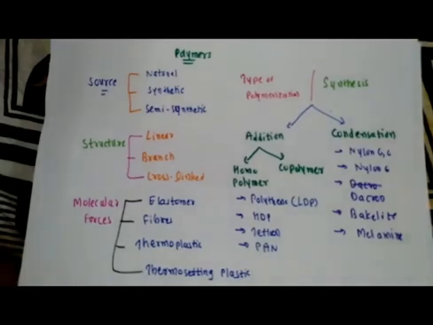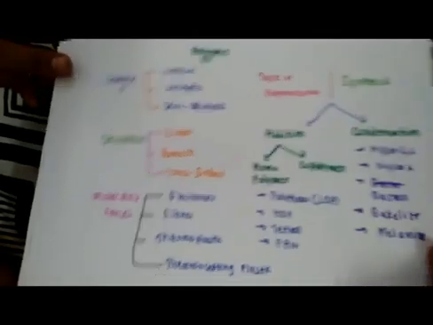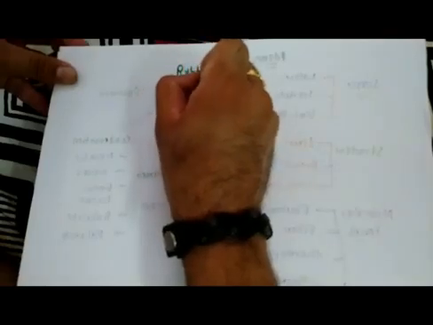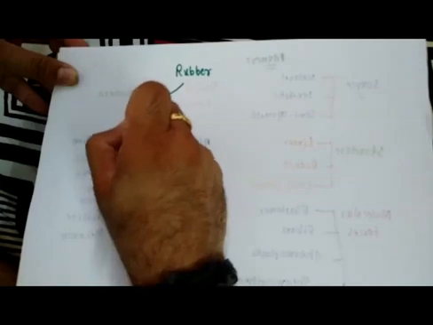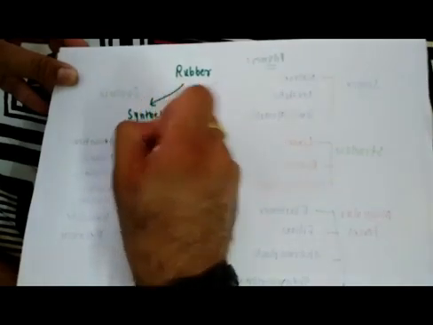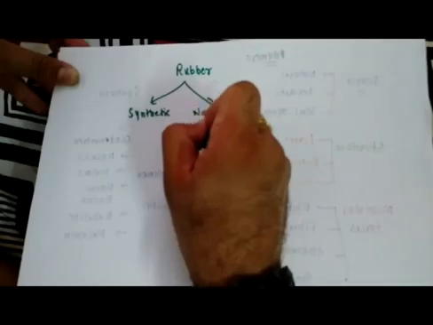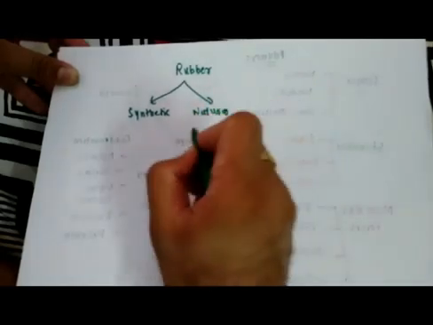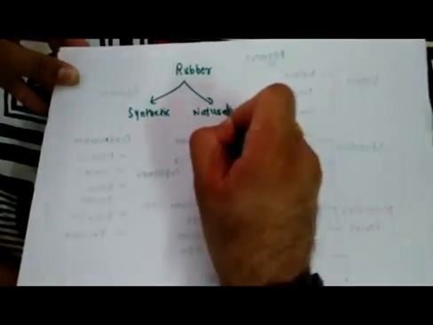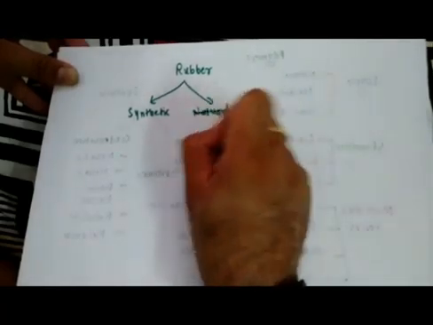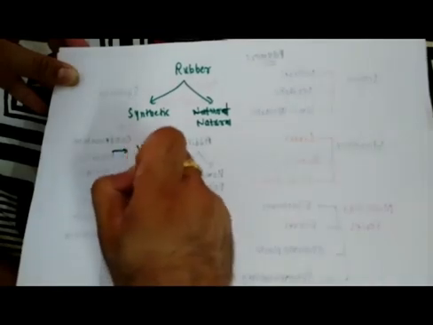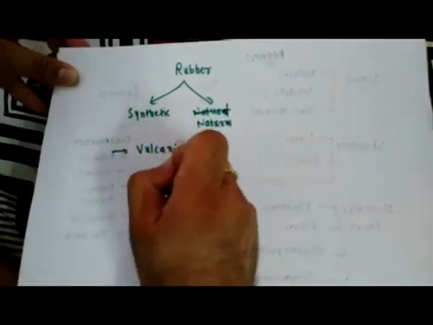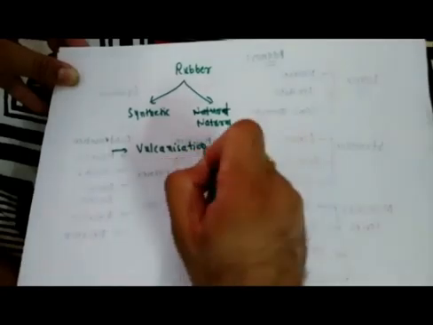Then we had discussed rubber. In case of rubber, we had discussed the preparation of synthetic rubber, the preparation of natural rubber, and we had discussed vulcanization of rubber and the importance of vulcanization.